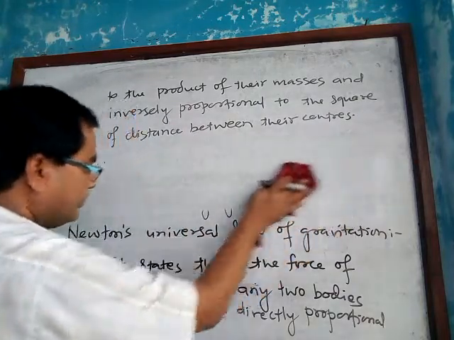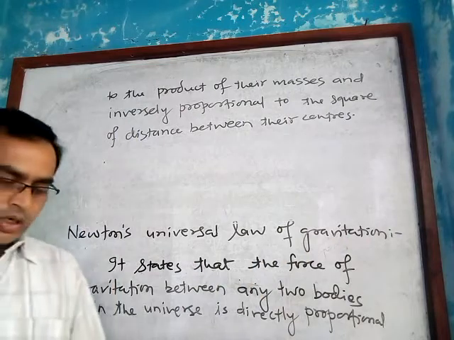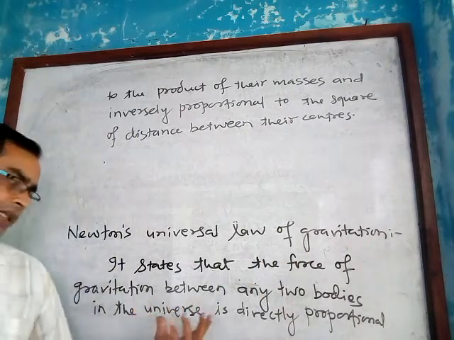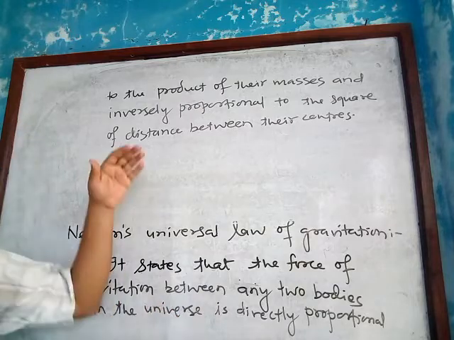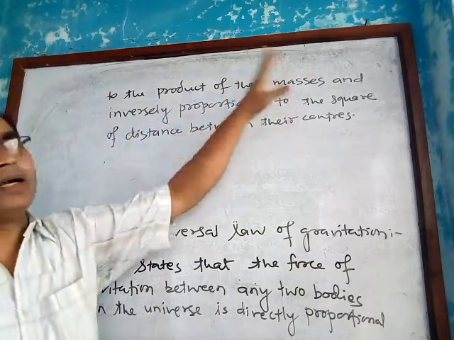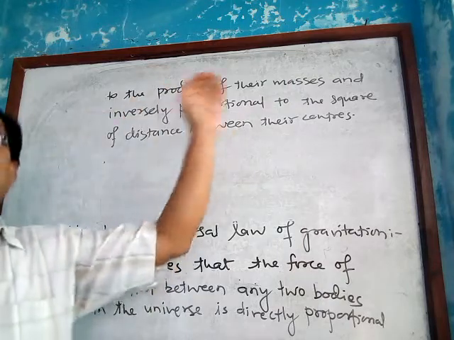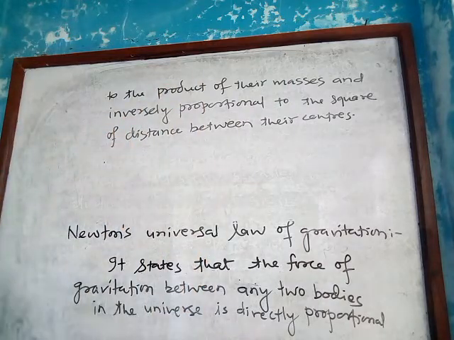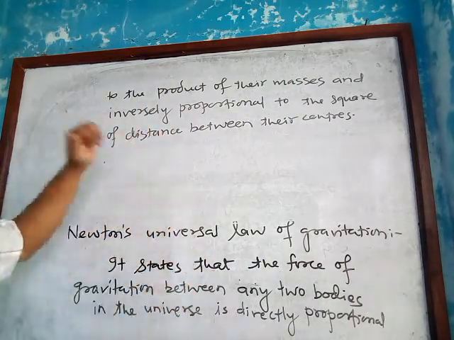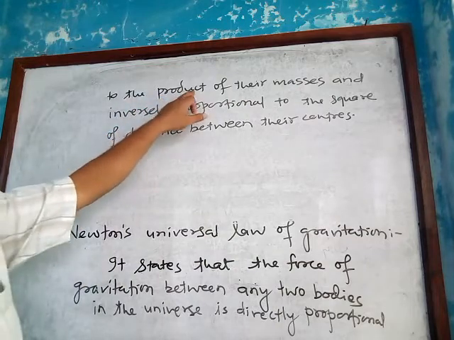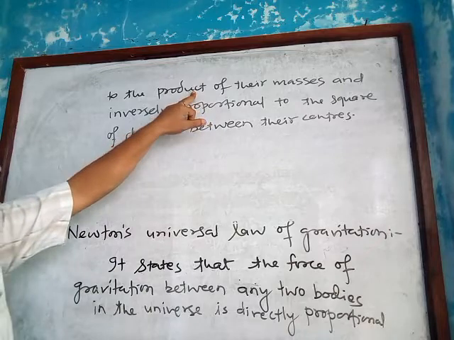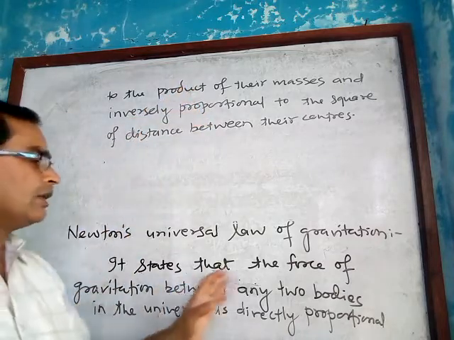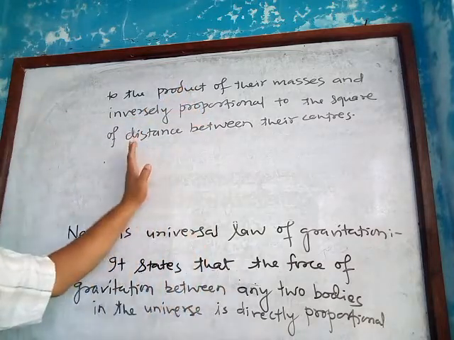From this law, we understand that if the mass of two bodies or any one of the two bodies is increased, then certainly the product will increase, and hence the force of gravitation between the two bodies will increase.